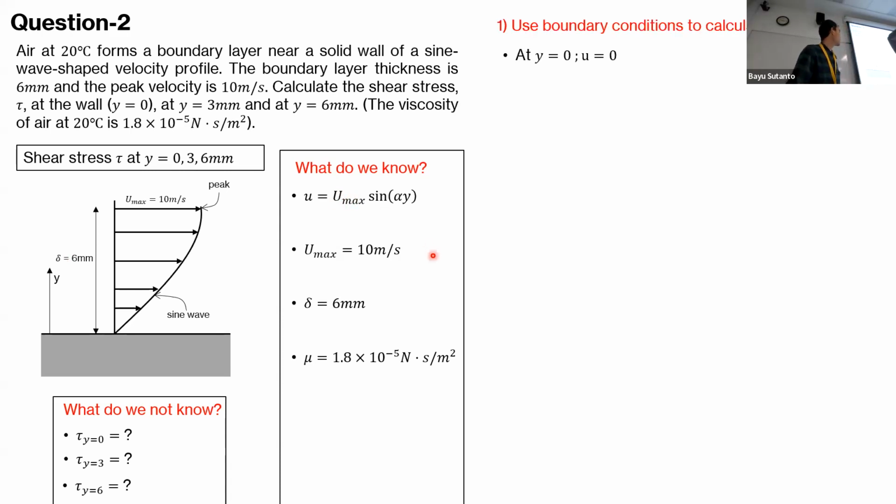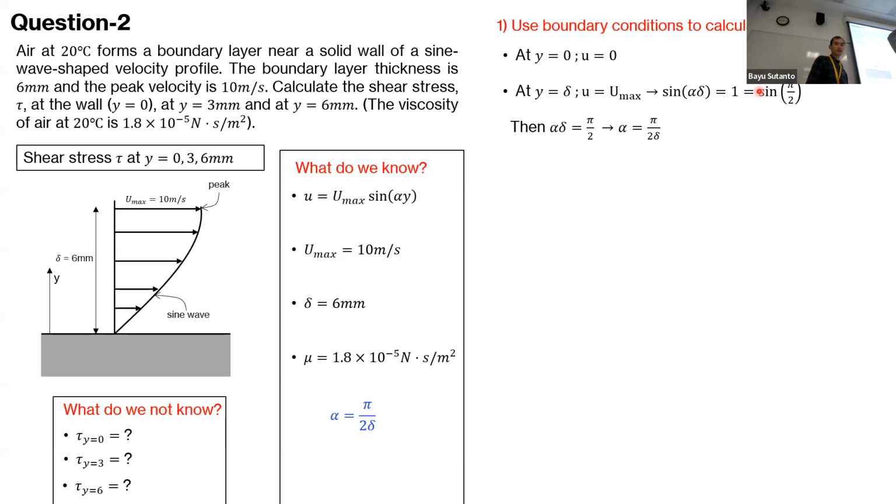The next thing we need to do is input these equations. U equal to sin alpha y, because at y equal to 0, velocity must be 0. And at y equal to delta, velocity must be the maximum velocity, because sin maximum happens at pi per 2. So alpha delta must be equal to pi per 2, so we have alpha equal to pi divided by 2 delta.